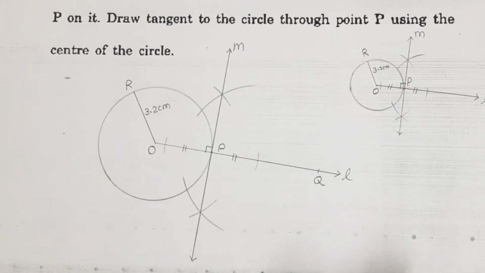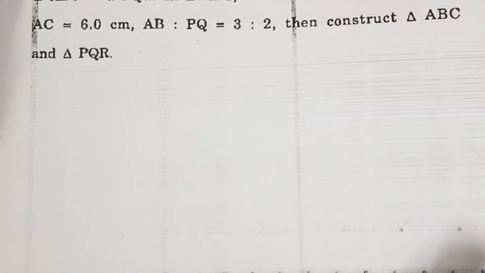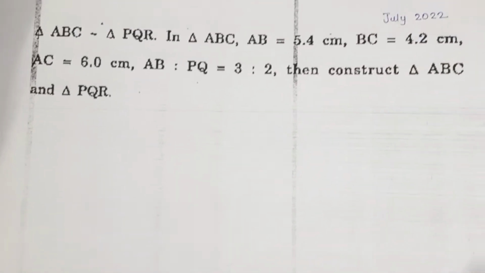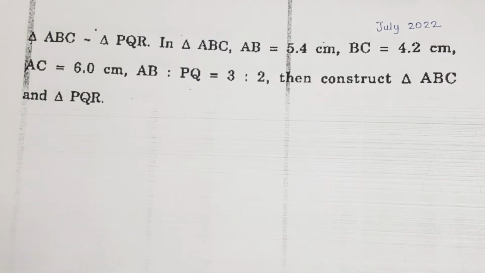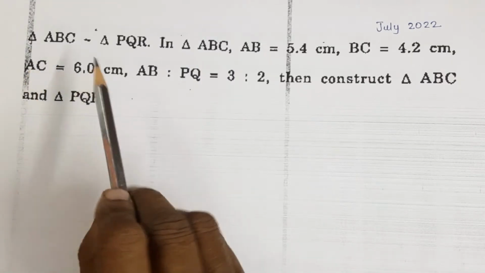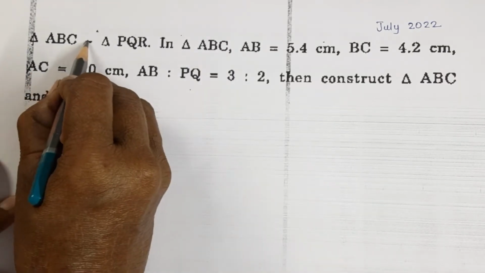Then, students, the next question is from the same year, July 2022. The question is: triangle ABC is similar to triangle PQR.